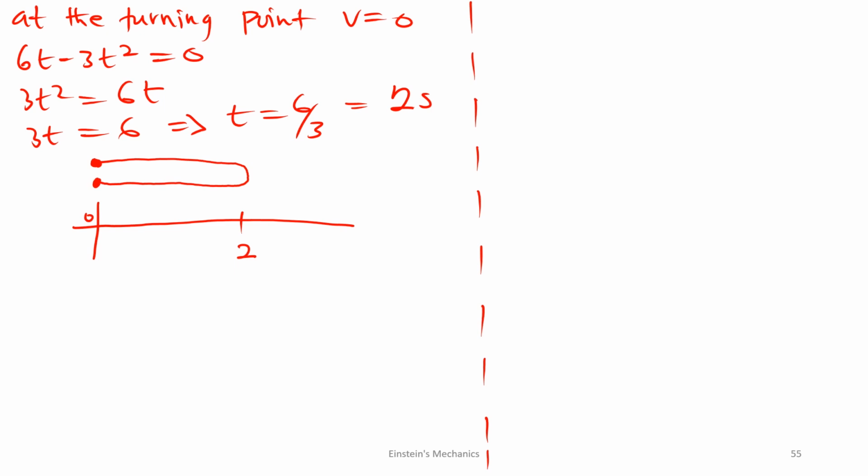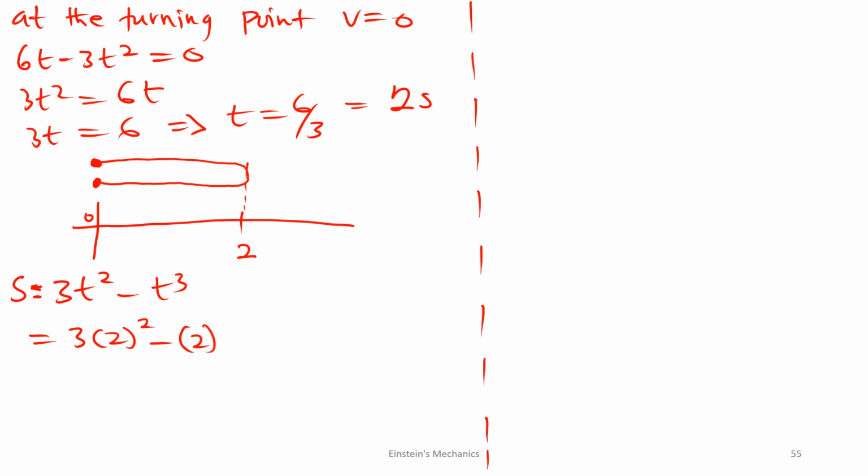So let's look at the distance it traveled at the 2. From the s function, we are going to put in the 2. Now the s function is also given to us, we just use it as 3t squared minus t cubed, which is 3 by 2 squared minus 2 cubed.